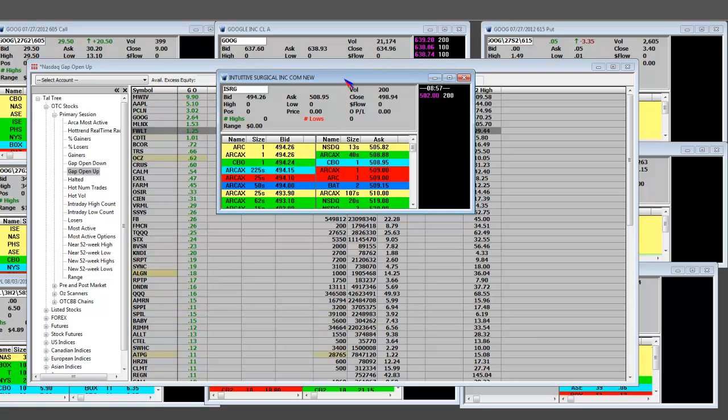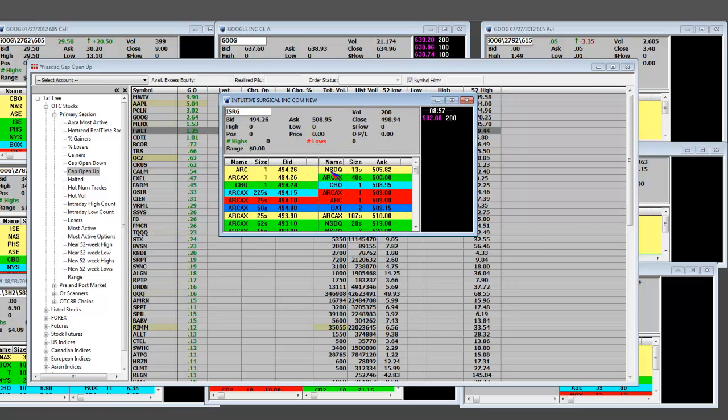Intuitive Surgical remains on our high priority list, as far as everything being adjusted to an intraday level between the bid, the ask, and the buyers and the sellers.